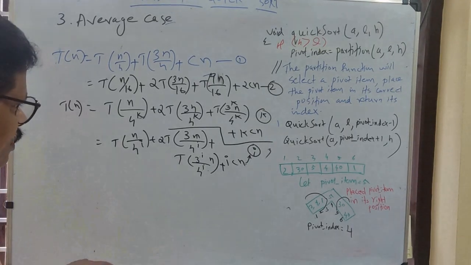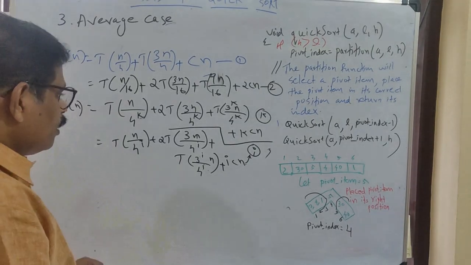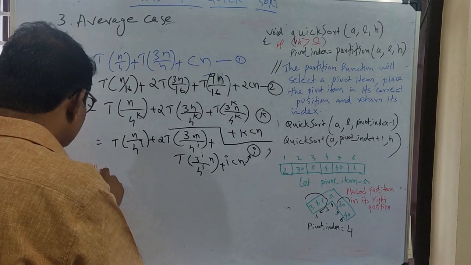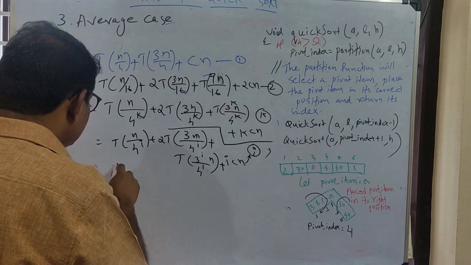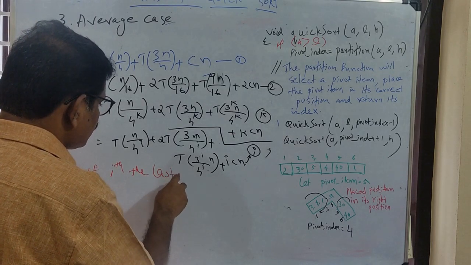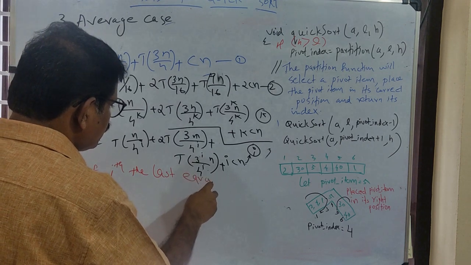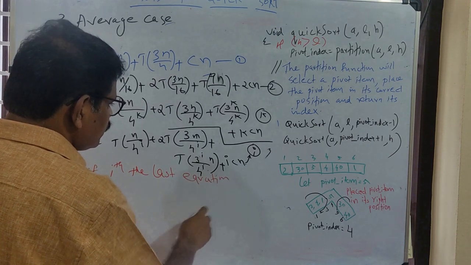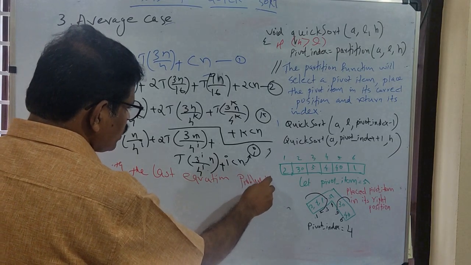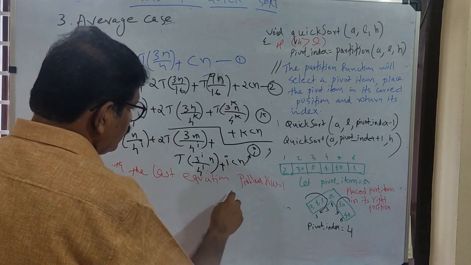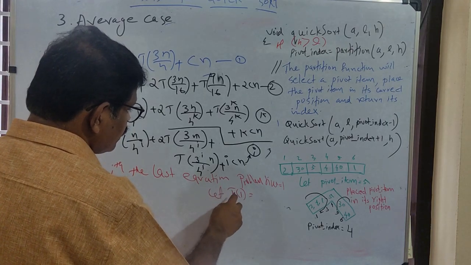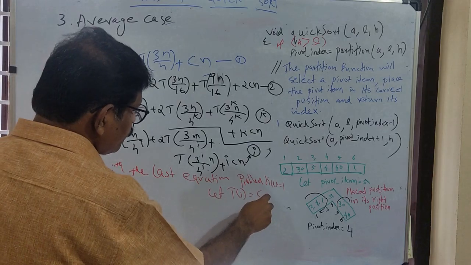Finally, it will reach problem size equal to 1 in the last equation, and let us assume T(1) equals some constant C5.